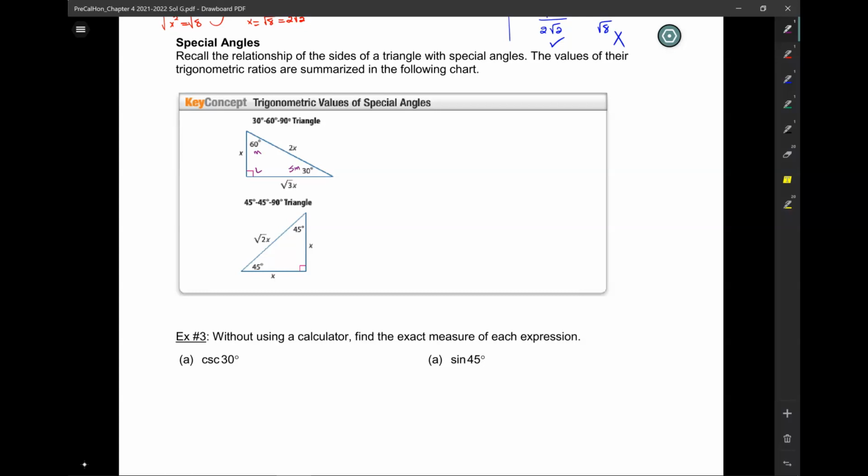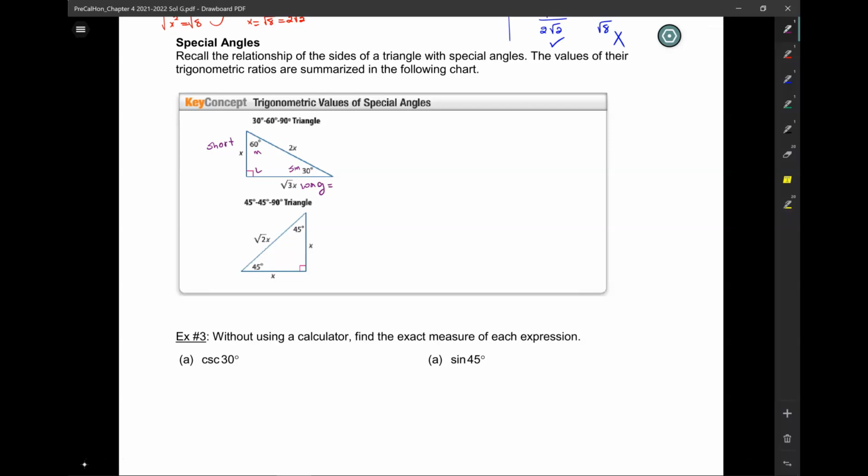Well, we already knew that the hypotenuse was the largest side. That leaves the legs. Of the legs, one is the smaller leg, the shorter leg. The other one is the longer leg. So we're going to call this the short leg, and we're going to call this the long leg.